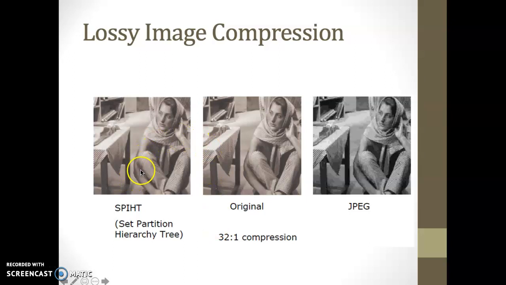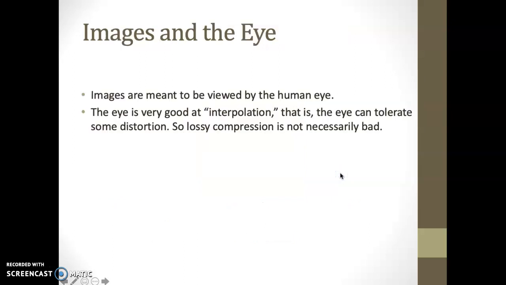So you will reduce the size of the image, but there will be a distortion between these two. As long as you can understand what is in the image, it can be considered a good technique. Our eye is very good in interpolation, so the eye can tolerate some distortion.